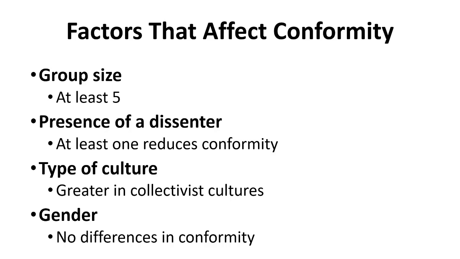Something else that affects conformity is the presence of a dissenter, basically having one other person who goes against what the whole group is saying. So if we have a group of 10 people, and you're going second last with that line experiment, and the first 7 people say that it's line 1, and you're starting to doubt yourself, if one other person says, no, it's line 2, all of a sudden you're relieved.